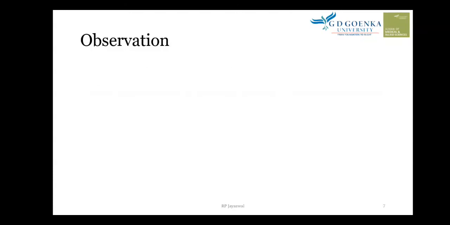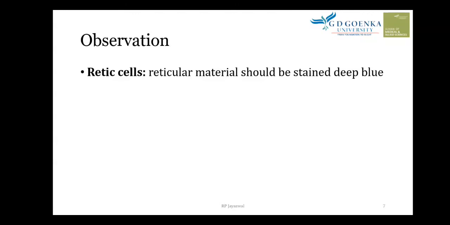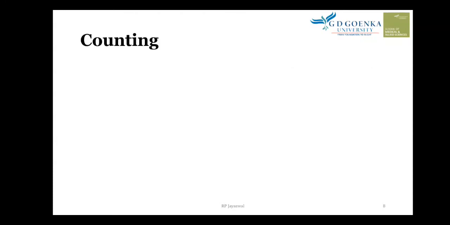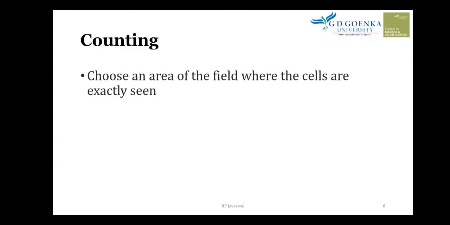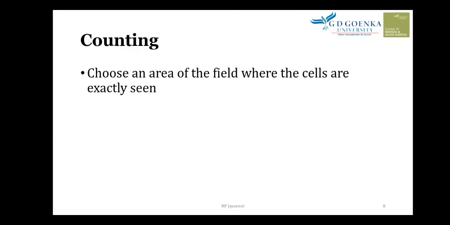In observation, what we will find is the retic cells, where the reticular material should be stained deep blue, and in red cells no bluish coloration should be seen. Counting, how can we do counting? We need to choose an area of the field where the cells are exactly seen. So first of all, focus on a particular field so that we can see the cells exactly.